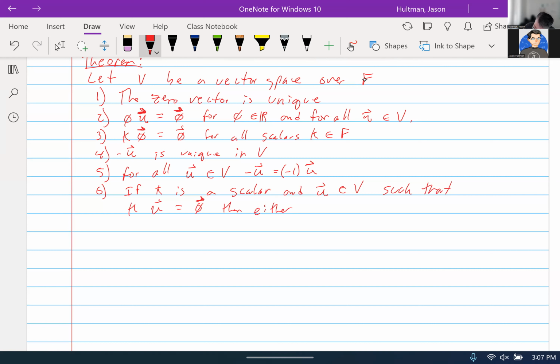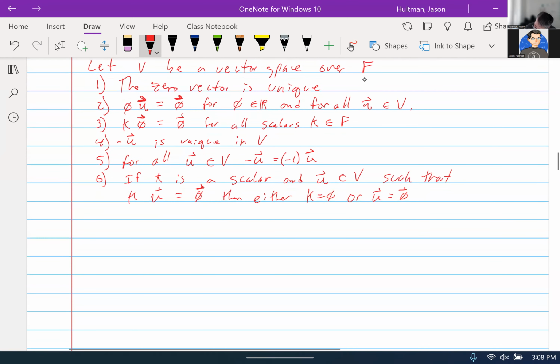Either, from number 2, k was 0, or u was the 0 vector. So that comes to us from properties 2 and 3 in this theorem.